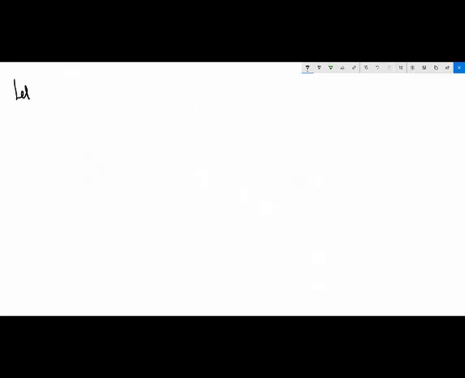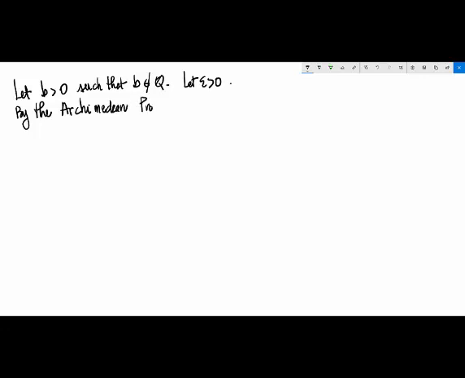So let b be some positive number such that b is irrational. Now let epsilon be some positive number, and by the Archimedean property, there exists some natural number n such that 1 over n is less than epsilon.